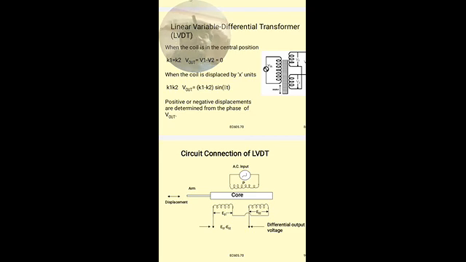When it is positive, the core is moving towards the right. When it is negative, the core is moving towards the left.